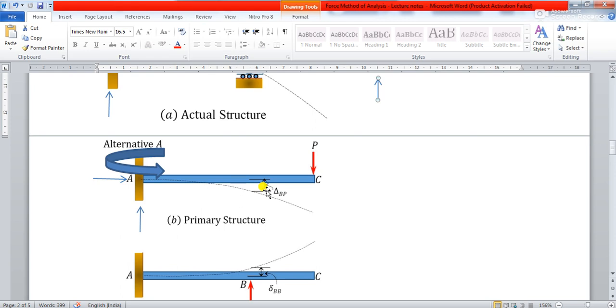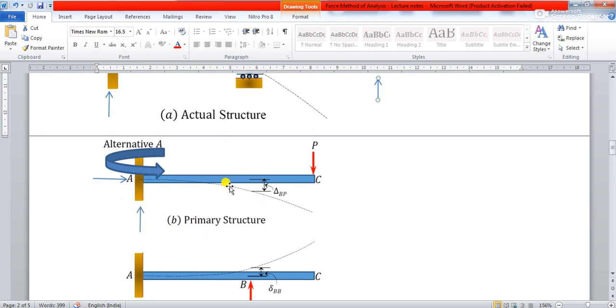It's a cantilever beam. So after removal of this redundant, it is becoming a cantilever beam, and a cantilever beam is a stable structure, right? So after removal of the redundant, the structure which needs to be a stable structure will be termed the primary structure.